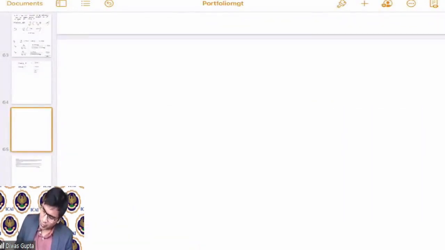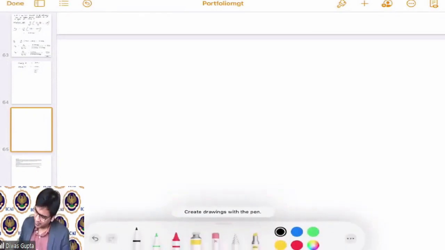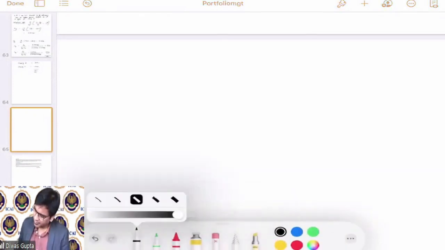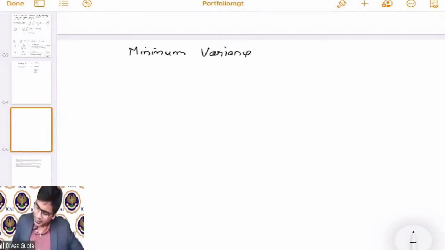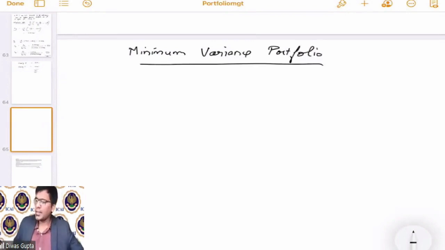Yeah. So what I'm saying is that this is the minimum variance portfolio in case of two securities.